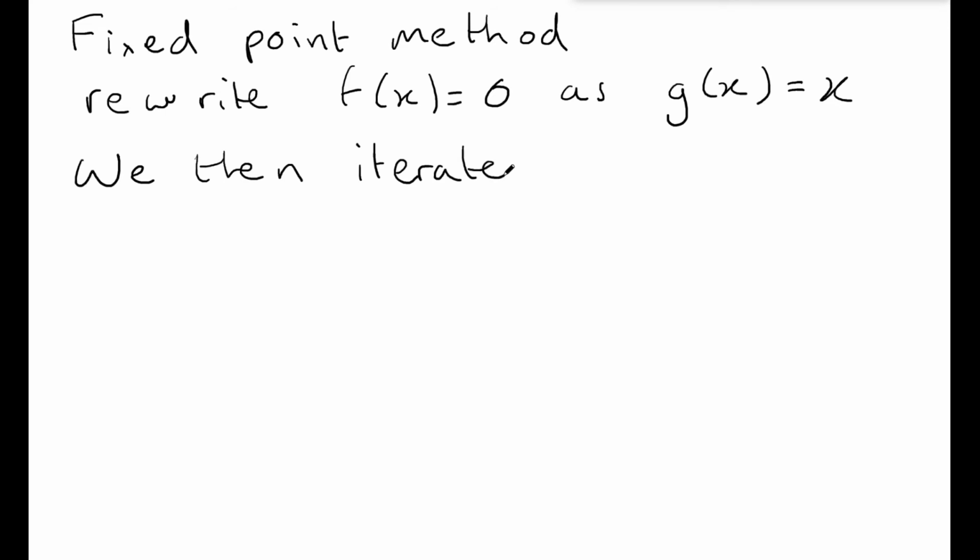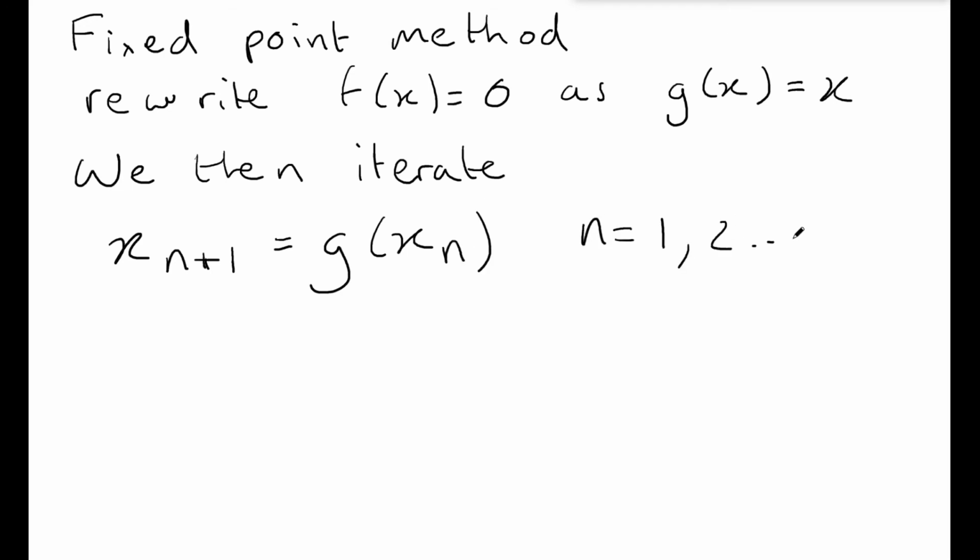So these are just manipulating functions, the first line here. But then we iterate, so we take this function g and we simply do x_{n+1} equals g of x_n, for n equals 1 to however many times you need.